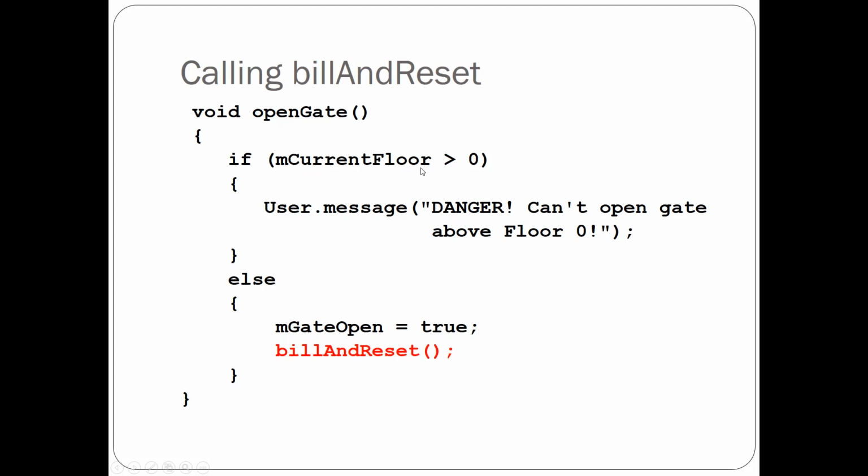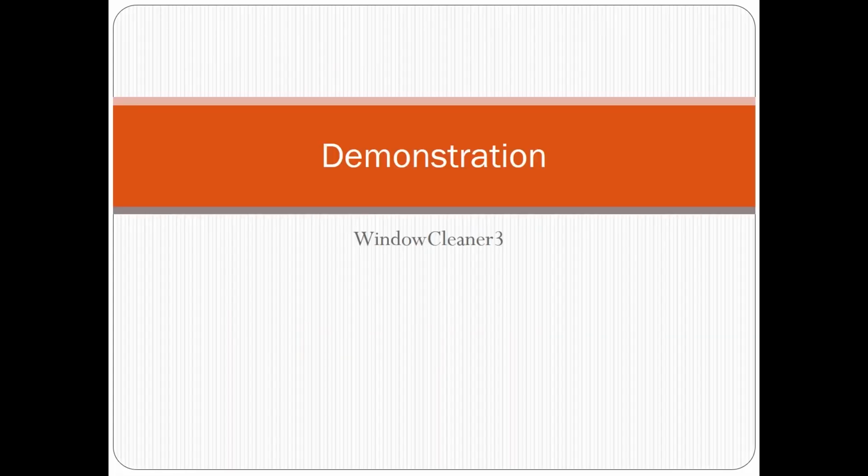But if the value of m current floor is equal to 0, clearly the gate is on ground level. We can open the gate and then call bill and reset, which will then mean that Wendy leaves the cradle and then she can automatically issue a bill. So we'll look at that particular functionality now in the same window cleaner 3 that we looked at before.